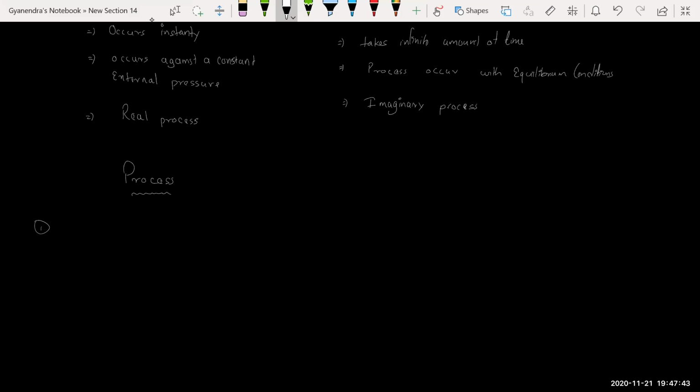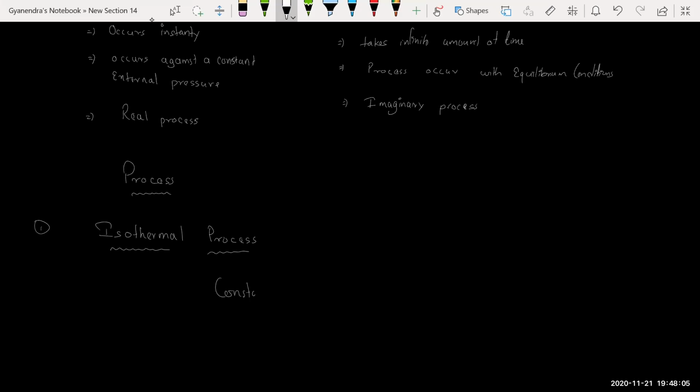The first one is isothermal process. What do you think this kind of process would mean, Dinesh? Sir, temperature is constant, sir. Yes, you've already looked at this in the gaseous state chapter, right?